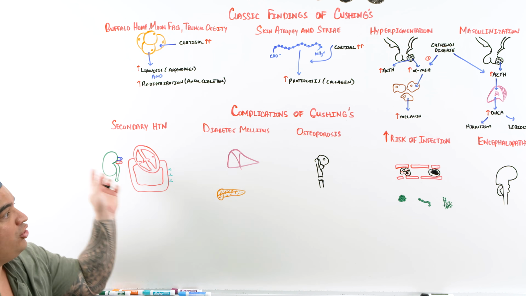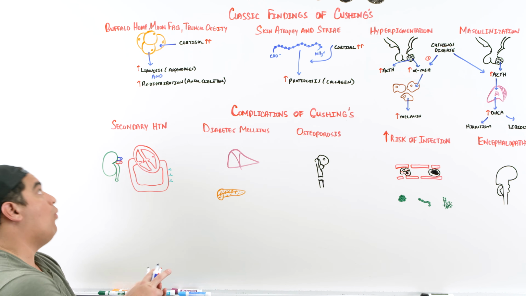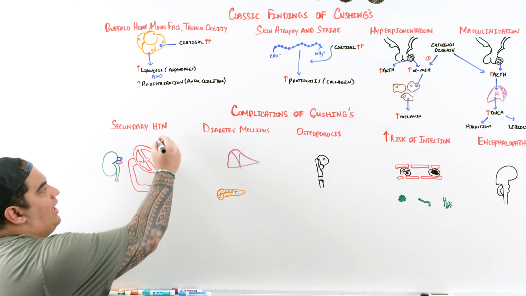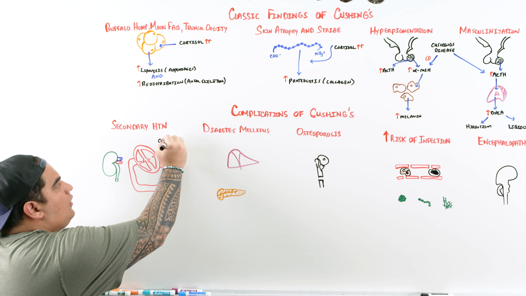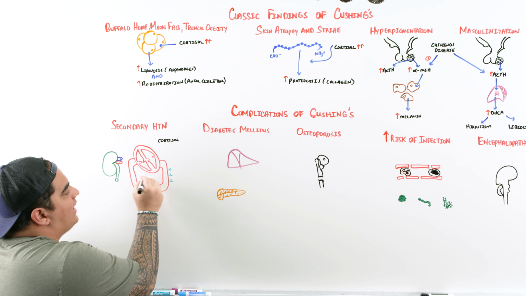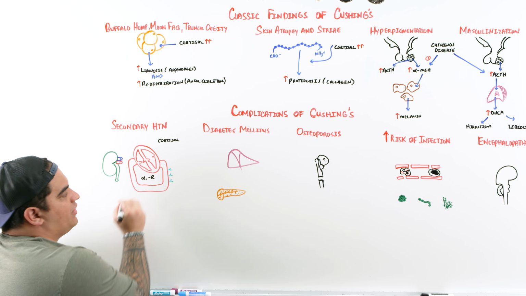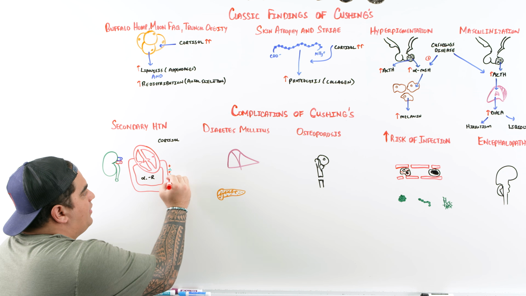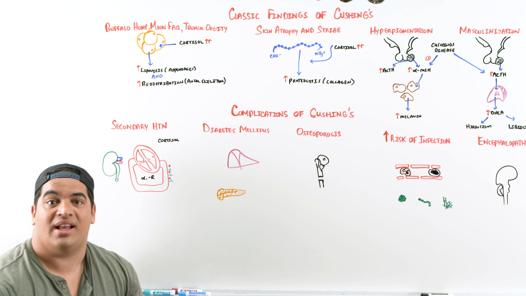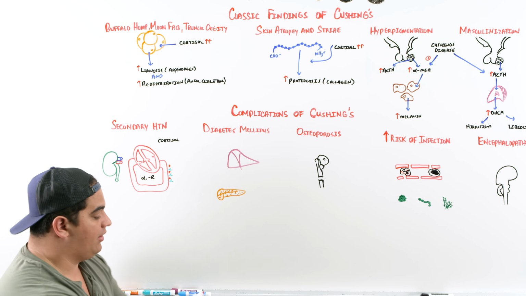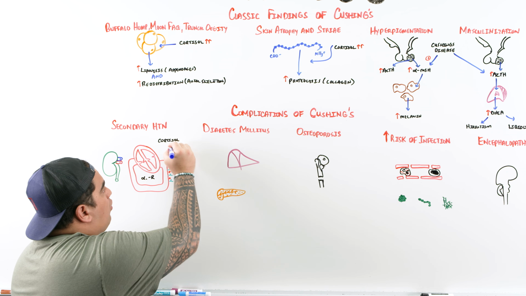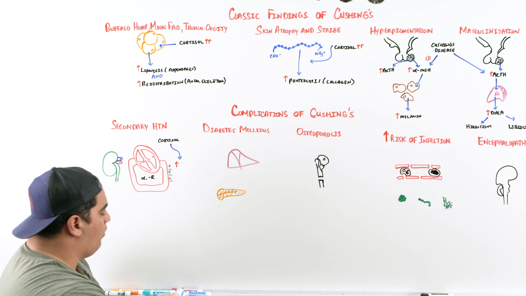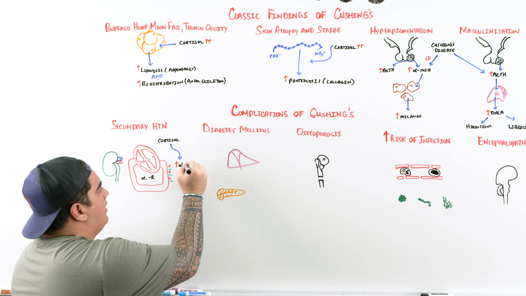When they are, you get a bunch of complications, such as one, which is secondary hypertension. We talked about this in the hypertension lecture, that cortisol, when released in high levels, acts on these receptors called the alpha-1 receptors. And what it does is it stimulates these alpha-1 receptors by increasing the sympathetic nervous system activity of those receptors. So by having lots of cortisol, you'll increase the alpha-1 receptor sensitivity.